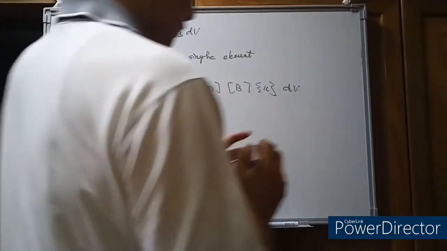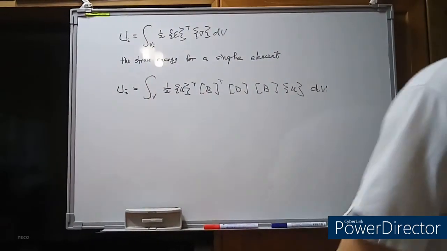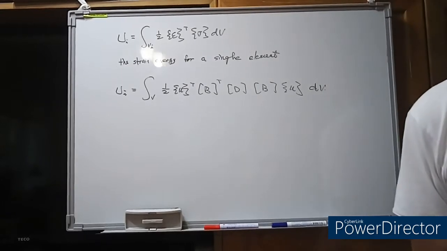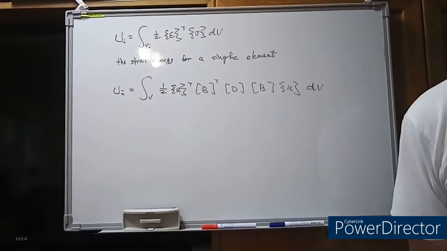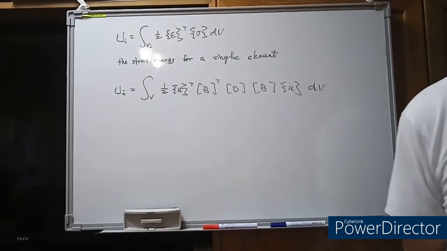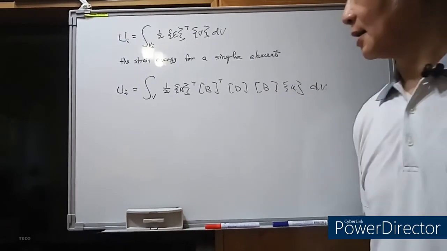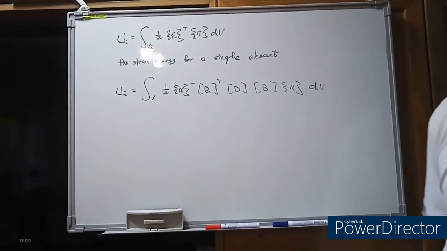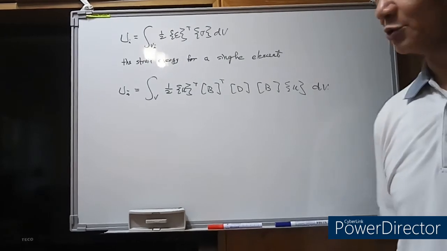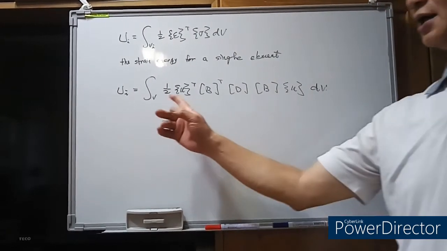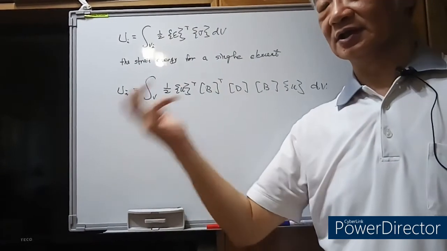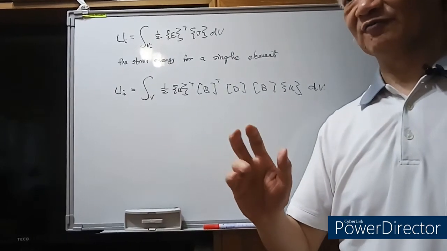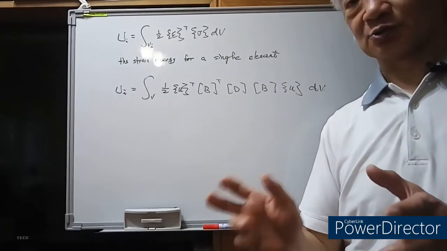Remember we can use the B matrix multiplied by the U displacements to calculate the strains inside the element. But there are several things you need to pay attention to. First, for the mapped and the inverse mapped elements, we do not describe the displacement functions directly on the xy plane.